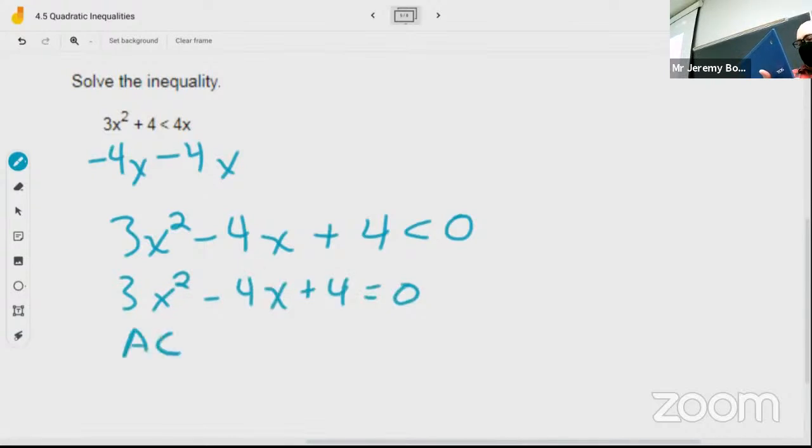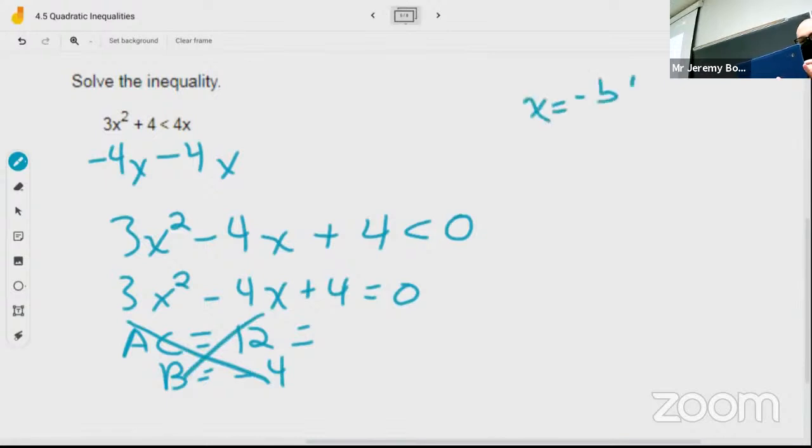Once again, I'm going to have to do the AC method here. So that's going to be a positive 12 and a negative 4. I don't think anything is going to factor. 12 and 1, 2 and 6, 1 and 12, but let's say it's positive 12 and negative 4. I don't see anything. So if we can't factor it, what are we going to do?